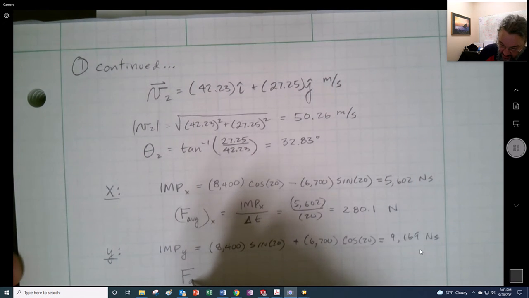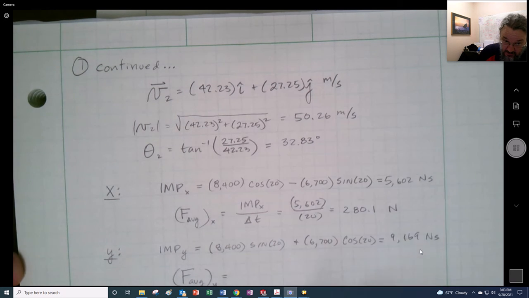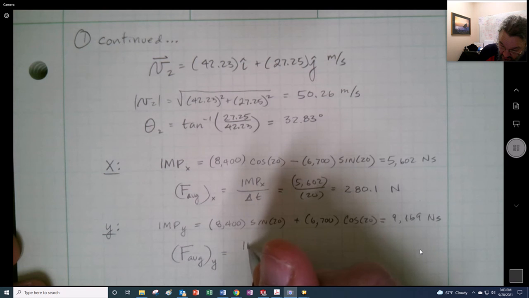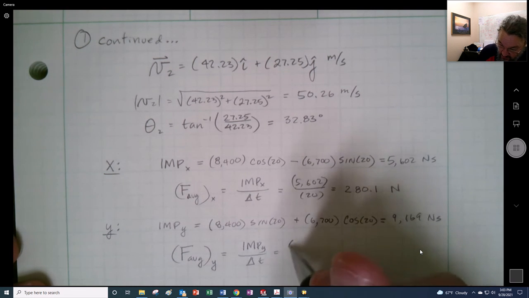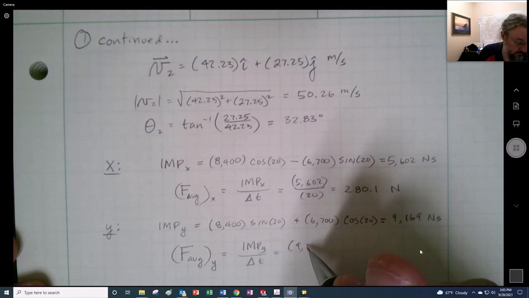And then we're going to have the average force in y equal to the impulse in the y divided by delta t, or 9,169 divided by 20.